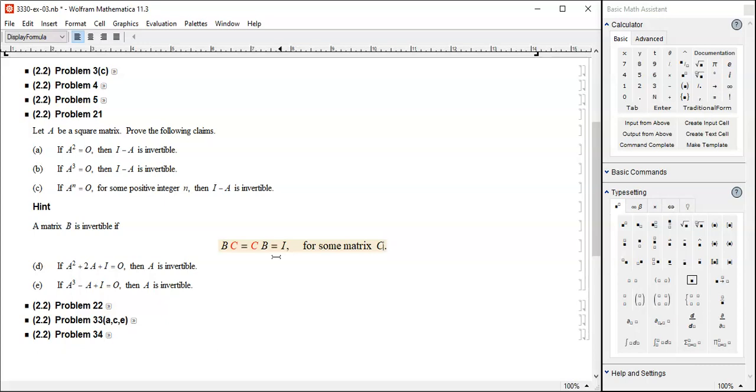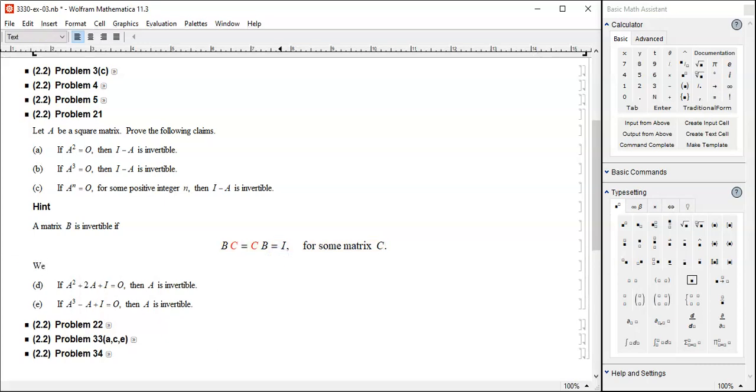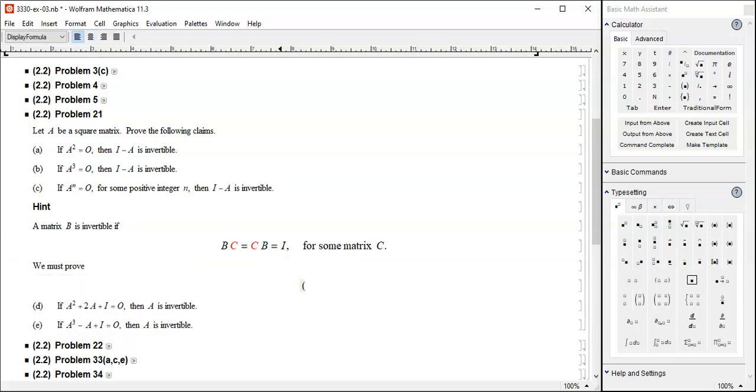So how does this thing work? Let's see. We must prove this: this matrix I minus A times something is equal to I. This is what you have to do. Oh, as a matter of fact, that's not enough.